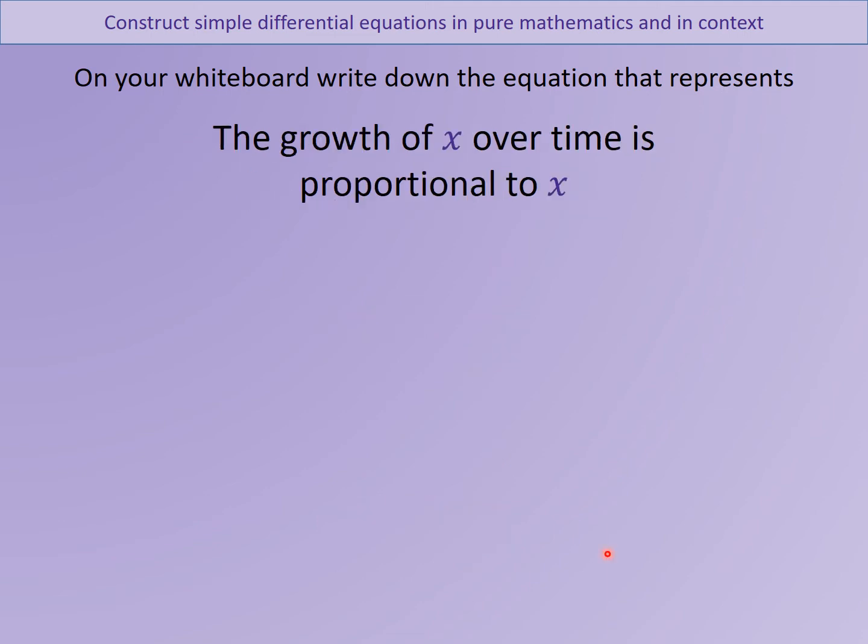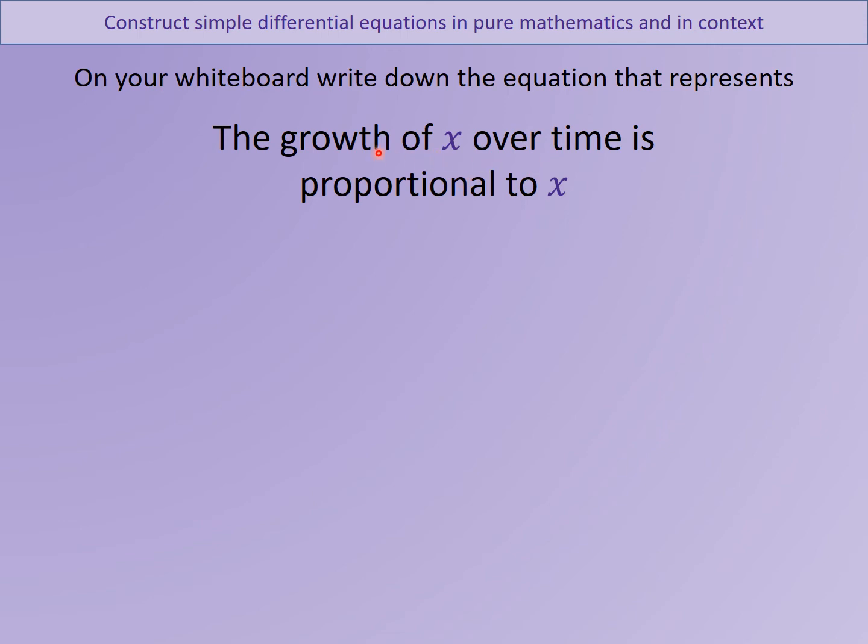The growth of x over time is proportional to x. Okay, so you want to pause there and have a good think about this one. Right, so there's a hint. The change in x over the change in time. The growth of x over time. So that's the change in the x value over the change in time.